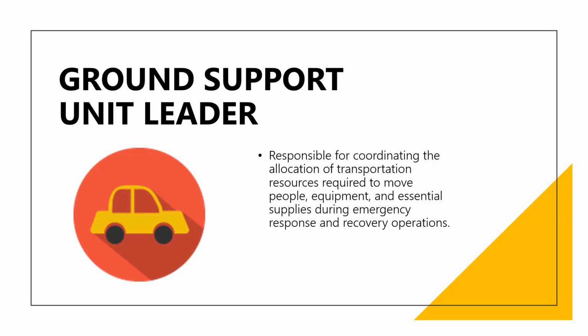So if the ground support unit is stood up, they are going to be responsible for coordinating the allocation of transportation resources required to move people, equipment, and essential supplies during the emergency response and recovery operations. So this is going to be, how do we take any of those resource requests that come in from the field and get it transported out to the field for them to utilize?